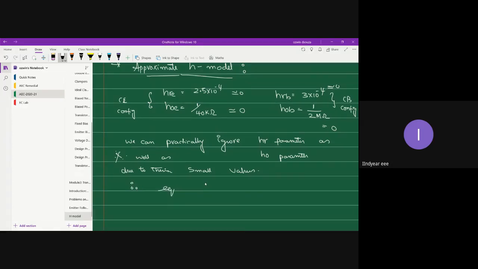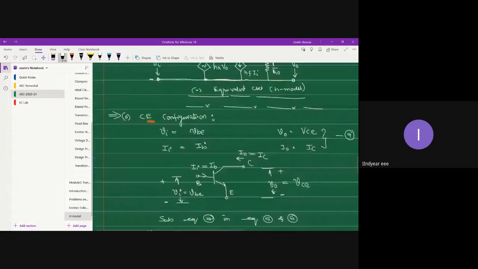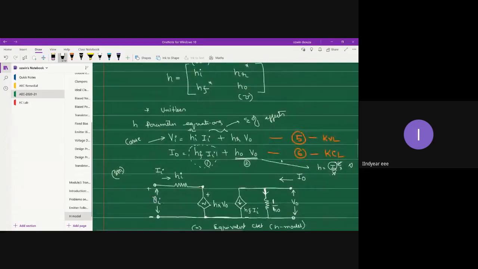Okay, so therefore equation 5 and 6. You're basically neglecting HR, and you are also neglecting HO, right?